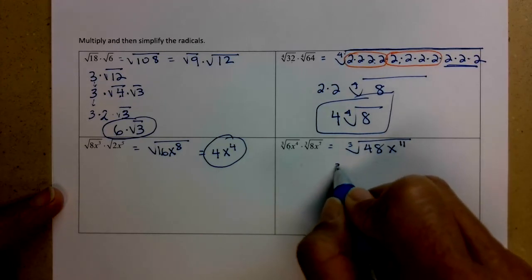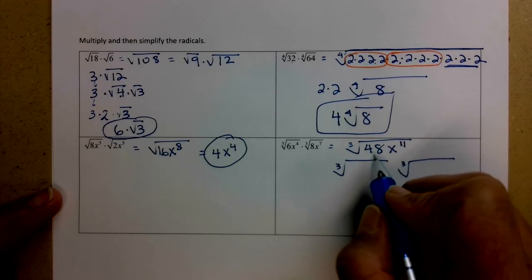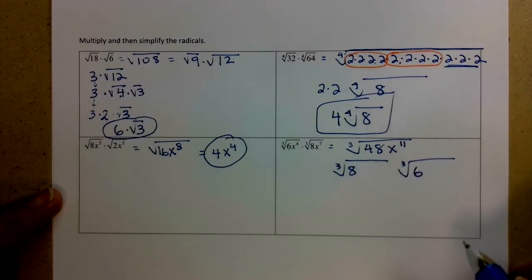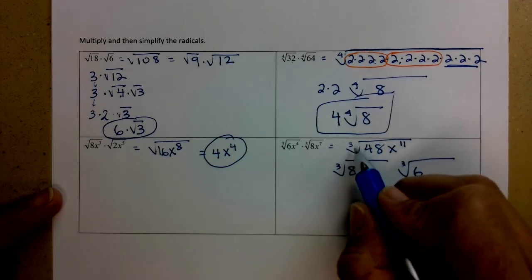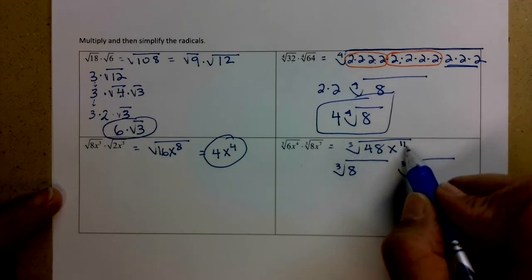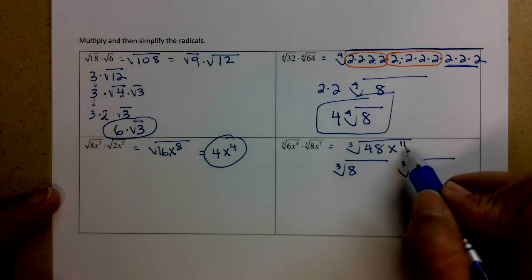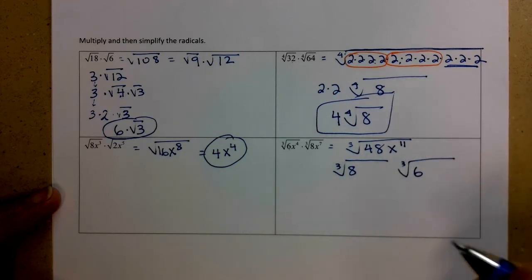So cubed root, so we'll do our perfect cube bin and our leftover bin. So it looks like 8 goes into 48, and 6 would be its partner. And then for x to the 11th, so 3 does not go evenly into 11. So what we're going to do is we're just going to go down by integers until we get to a number that 3 goes into. Okay, so that would be 9, right?